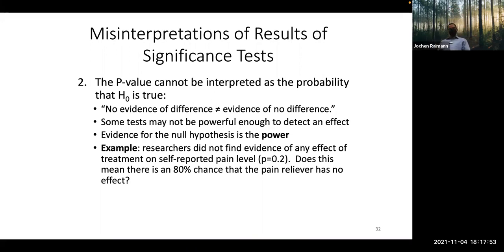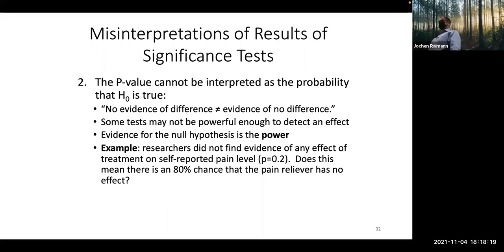Secondly, the second most common misinterpretation is that no evidence of a difference implies that there's evidence of no difference. That does also not necessarily mean that. The evidence for a null hypothesis is called power. That means that when you do not see a difference, is there really no difference?